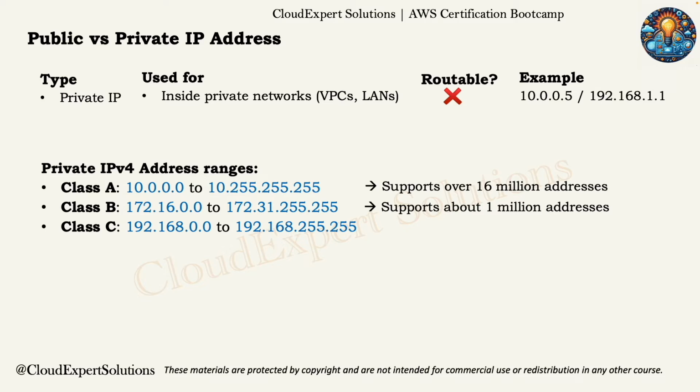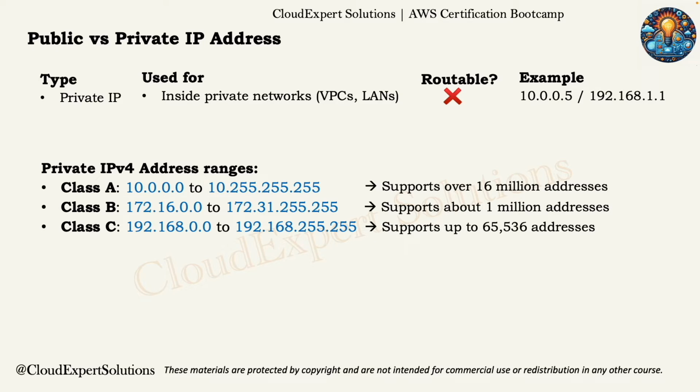And the third IP address range is class C, where the IP address can vary between 192.168.0.0 to 192.168.255.255, and here you can see only the last two octets vary from 0 to 255. That is why we have up to 65,536 addresses. This is not a very big number in IP ranges. That is why it is commonly used in home networks.